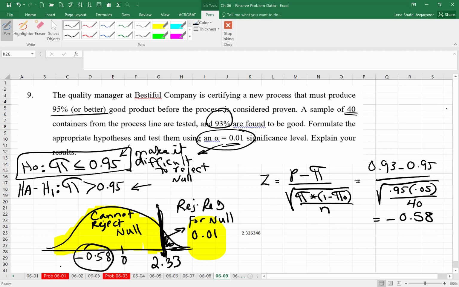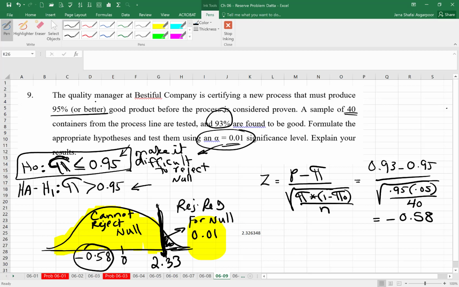Our test statistic, meaning what we observed from the sample, doesn't fall within the rejection region. It falls in the area where we cannot reject the null, so we cannot reject the null. So we agree that the population proportion is in fact less than 0.95.